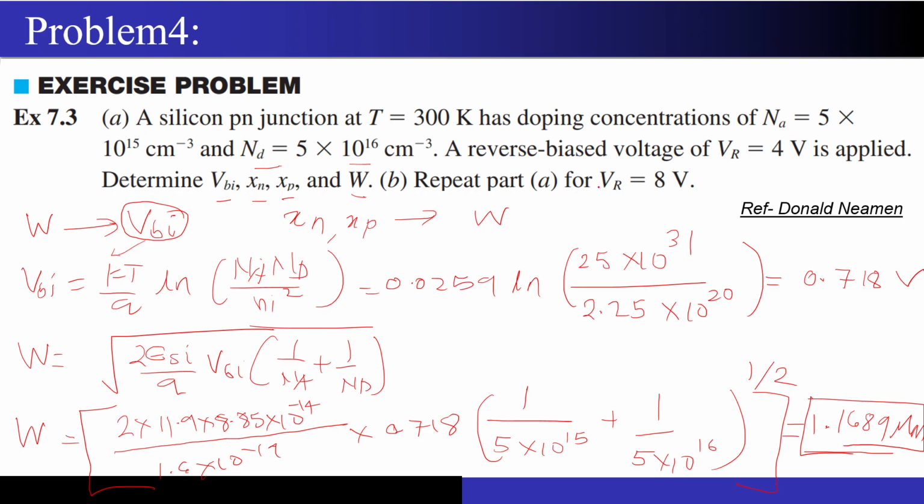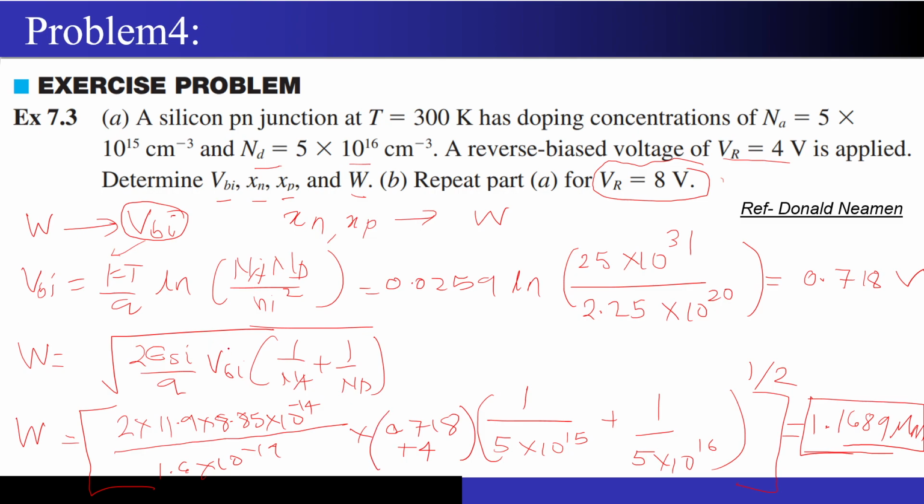Okay, so they have not asked anything. So this part is a repeat question, right? VR equal to 8 volts. So okay, just a minute, I missed one thing. It was given to me that VR is 4 volts, right? But I have just put the value of VBI over here. See, this is not correct. I have to add the value of 4, correct?